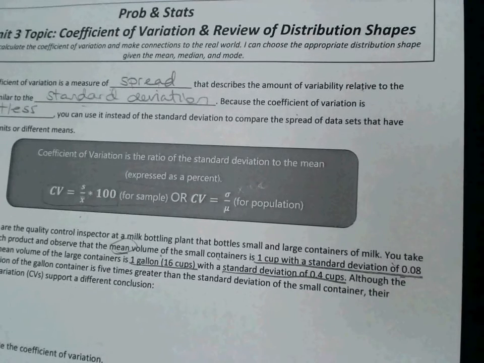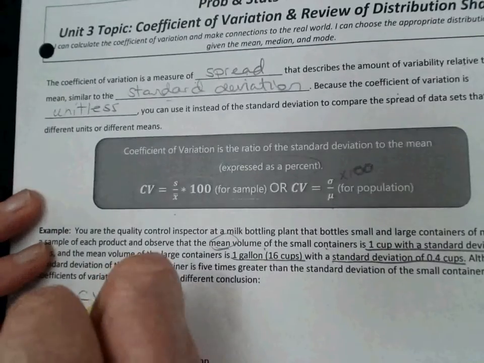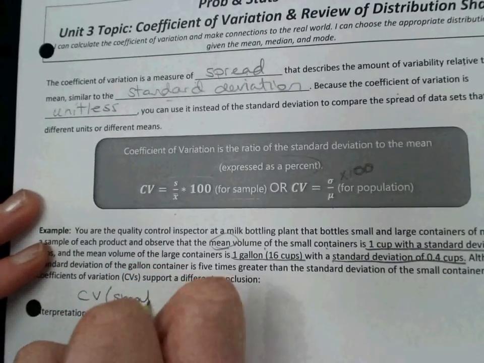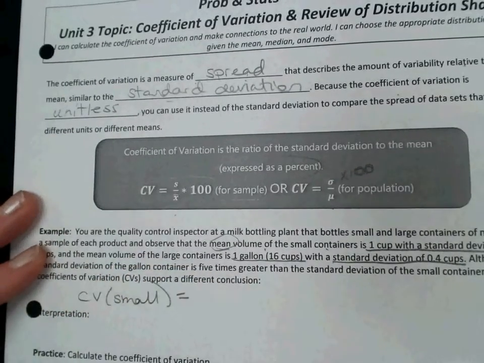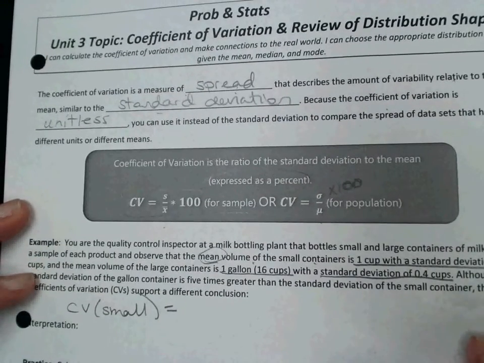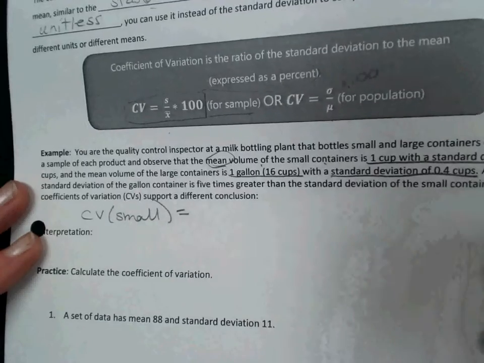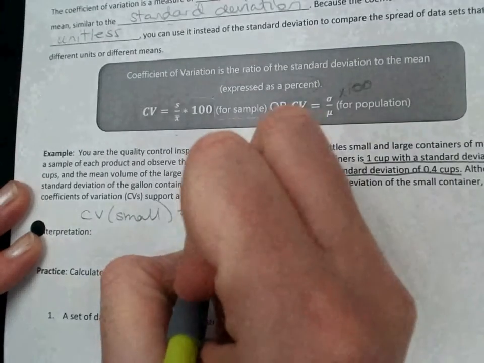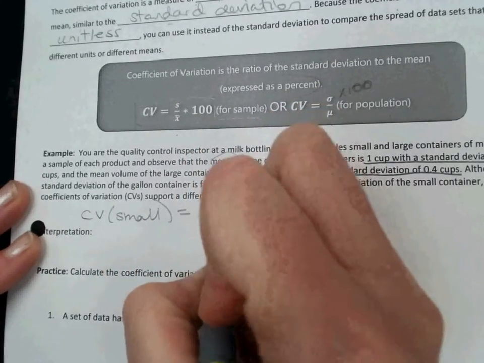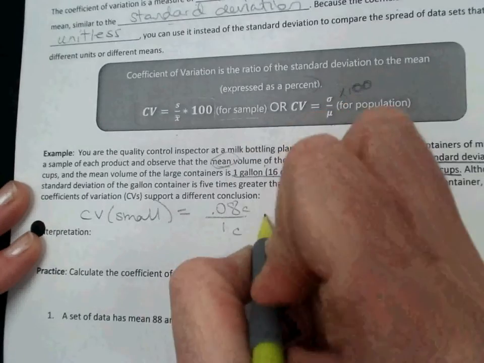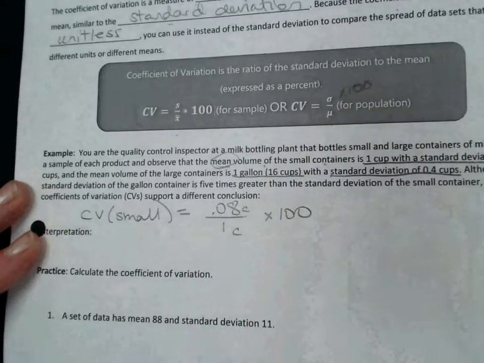Let's see what happens when we look at these without their units. So we're going to do the coefficient of variation for the small container, dividing sigma by x bar. So sigma is 0.08 divided by 1. So this is cups and cups, times 100. Notice what happens if I divide cups by cups.